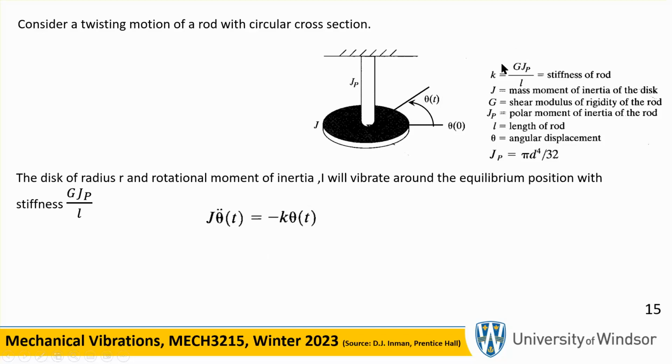K is right there, and G is the material that the rod is made of, and JP is right here. JP for torsional purposes is pi d to the 4 over 32.